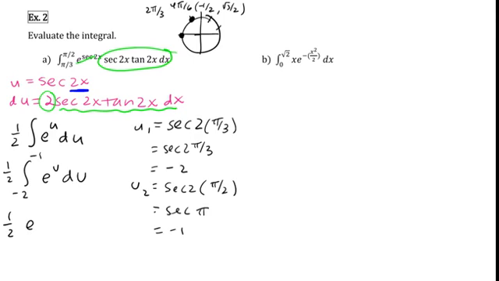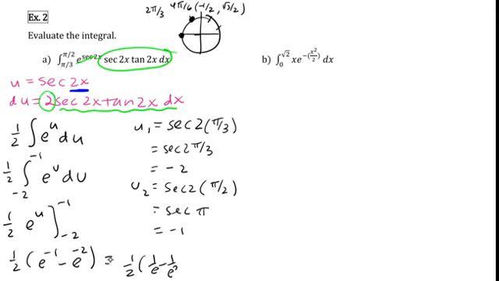If I integrate e to the u, I get e to the u from negative 2 to negative 1. So now I have 1/2 times e to the negative 1 minus e to the negative 2. Writing this a little nicer gives us 1/2 times 1 over e minus 1 over e squared. We could easily get common denominators: 1/2 times (e minus 1) over e squared.